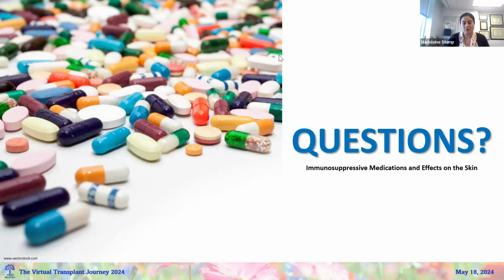As a transplant dermatologist, we work closely with your transplant team because the first and foremost role is to protect the organ, and then we can mitigate some of the skin manifestations. The most critical one, as we'll see and talk about toward the end of the talk, is the skin cancer. Okay, these are fantastic questions. Thank you for those.